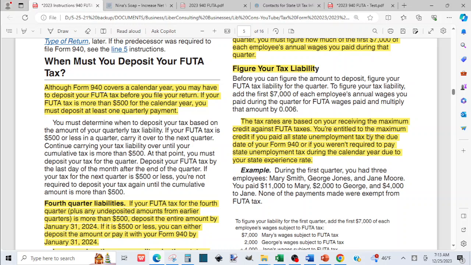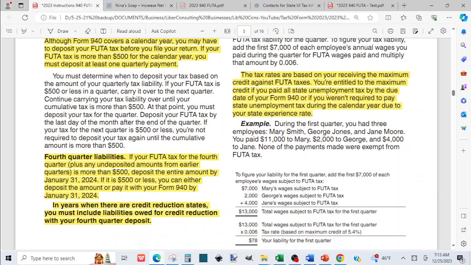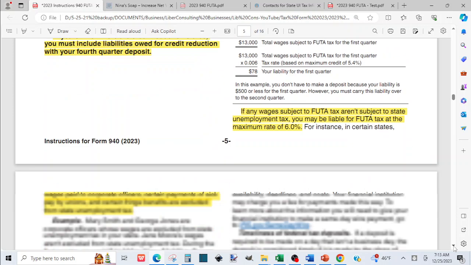You are entitled to the maximum credit if you paid all state unemployment tax by the due date of your Form 940, or if you weren't required to pay state unemployment tax during the calendar year due to your state experience rate, because the state might have different rates for different businesses. And again, that's related to the credit.